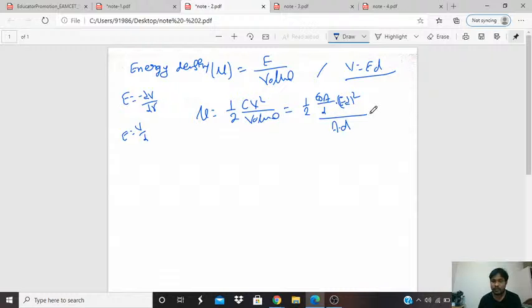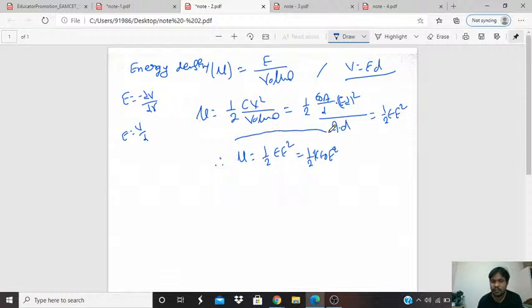All will get cancelled. What we get is half into epsilon E square. So energy density mu equals half epsilon E square, where epsilon means K epsilon naught, so half K epsilon naught E square. The D square gets cancelled, A gets cancelled.